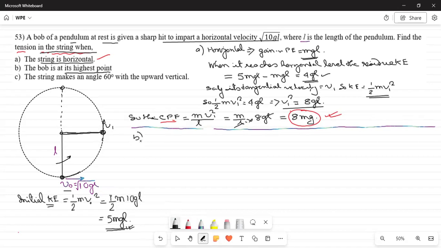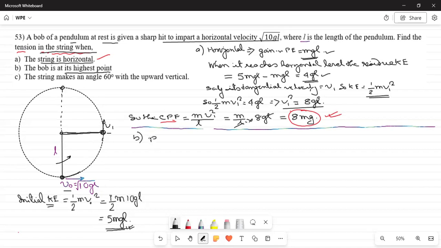Question number B. To come to the horizontal point, it needed a potential energy of mgL. And to come to the highest point, it needs a potential energy of mg into 2L.